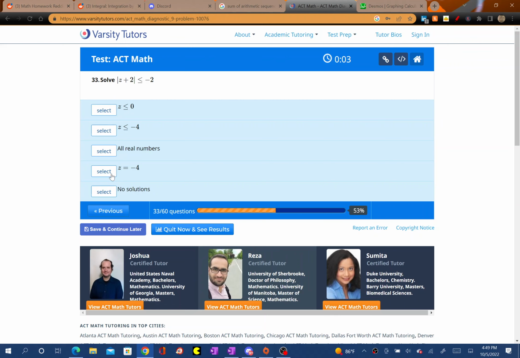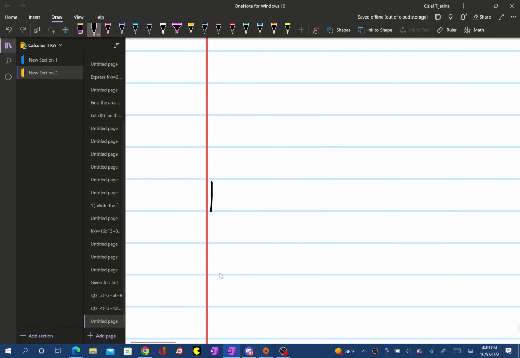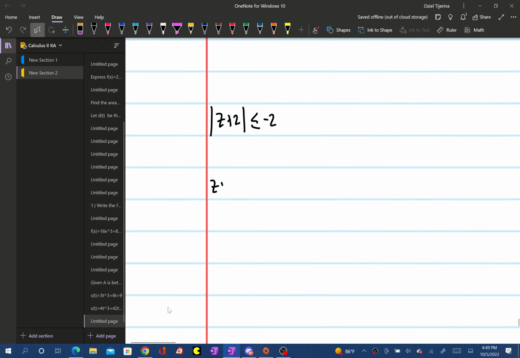So this one says solve the absolute value of z plus 2 is less than or equal to -2. Then that means z plus 2 is less than or equal to -2, or z plus 2 is greater than or equal to 2.